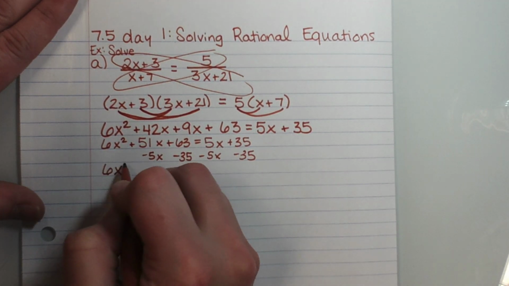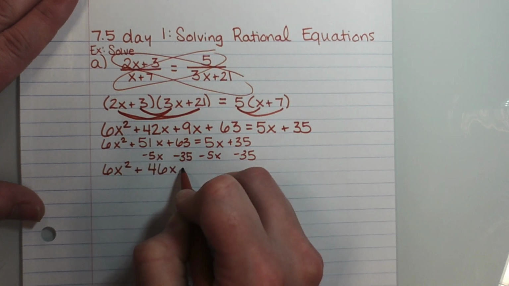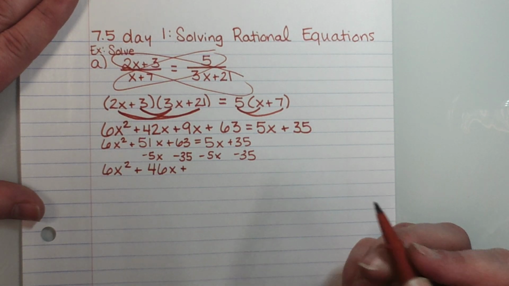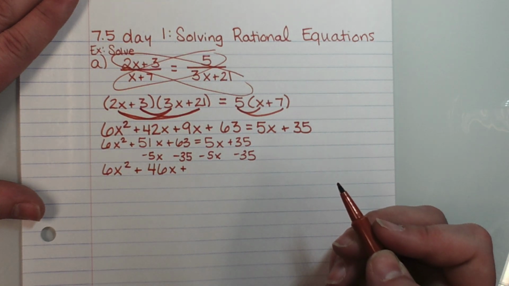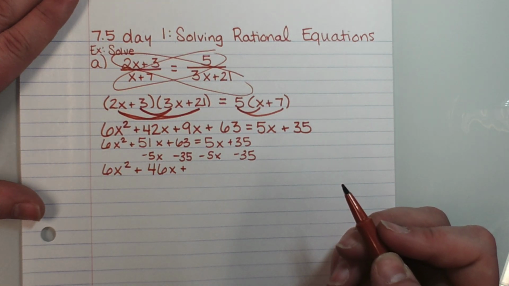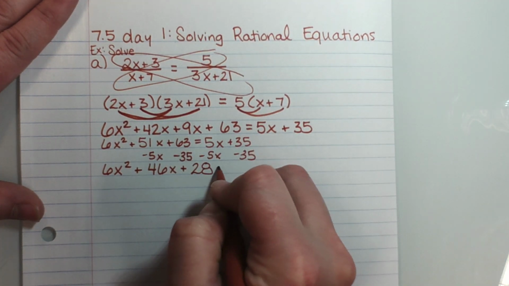And I will get 6x squared plus 46x plus 28 equals 0. Yes, no, maybe. Did I math? Got one head nod.